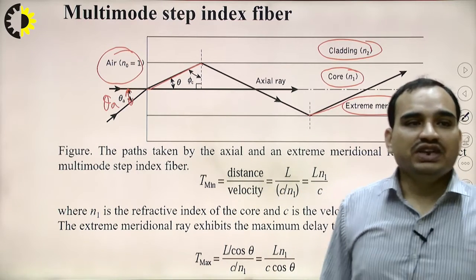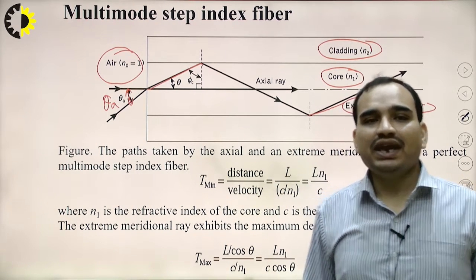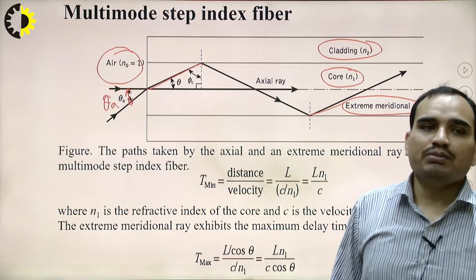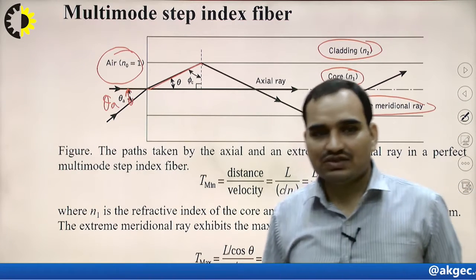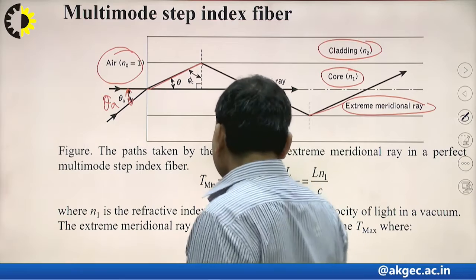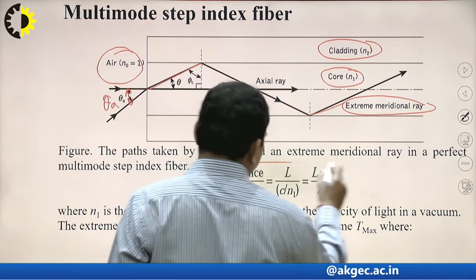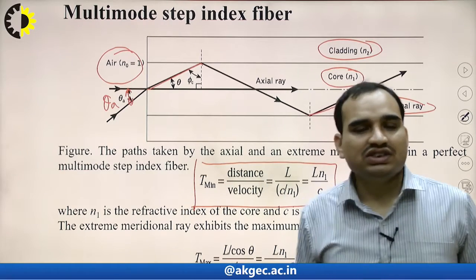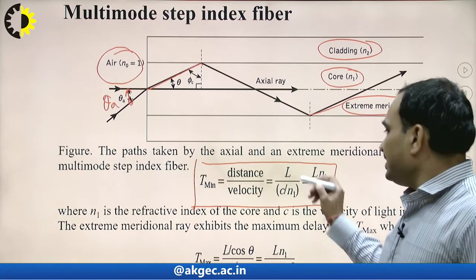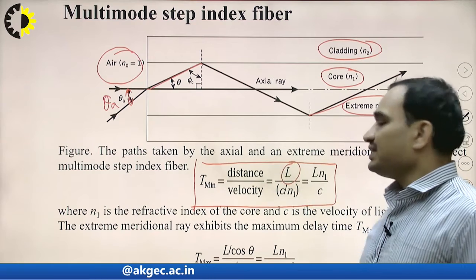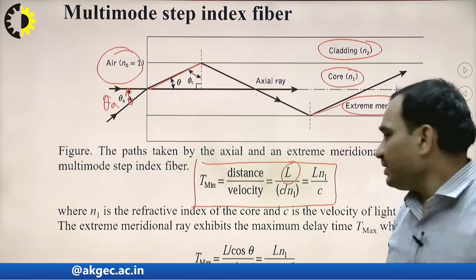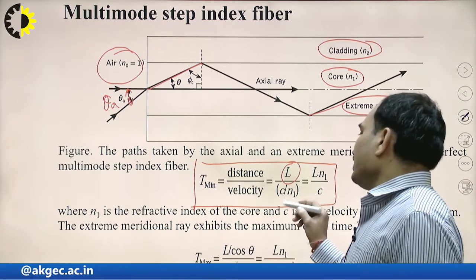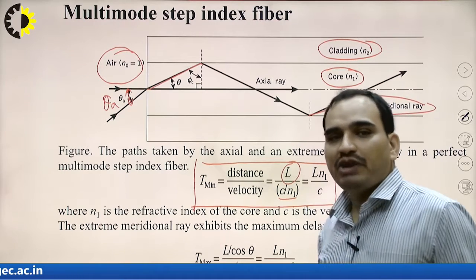This figure shows the path taken by the axial and the extreme meridional ray in a perfect multi-mode step index fiber, where we can calculate the minimum time, given by distance by velocity. The distance is L, the length of the fiber, and the phase velocity is c by n1.